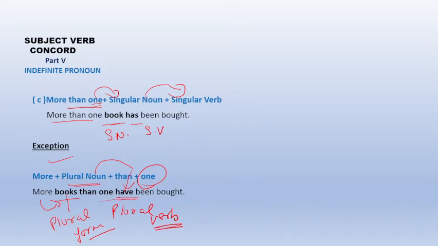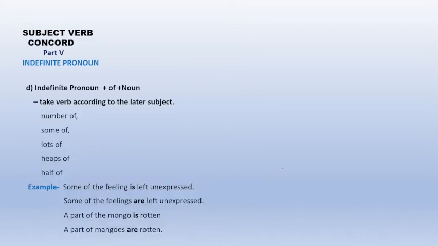Let it be one here, but try to catch the sense: more books than one means we have bought more than one book. And here, more than one book has been bought. Here the sense goes in a different way. The sense changes the direction. So that is why we will place a singular verb here and a plural verb here.